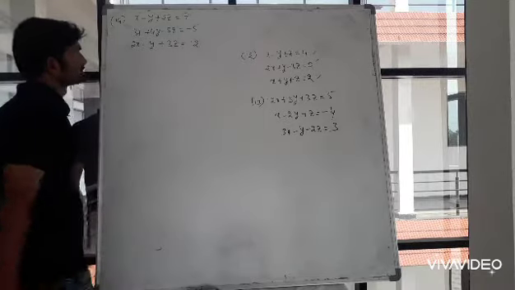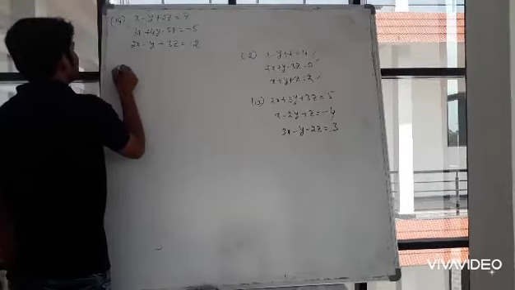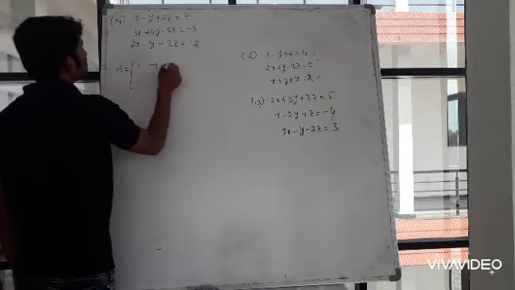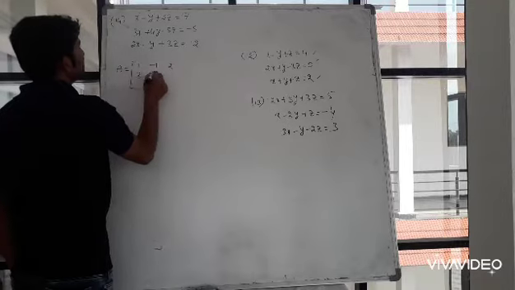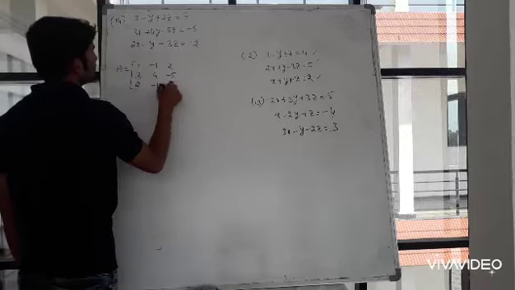Okay, now again write in the matrix form. Matrix A is equal to 1 minus 1 2, 3 4 minus 5, 2 minus 1 3.